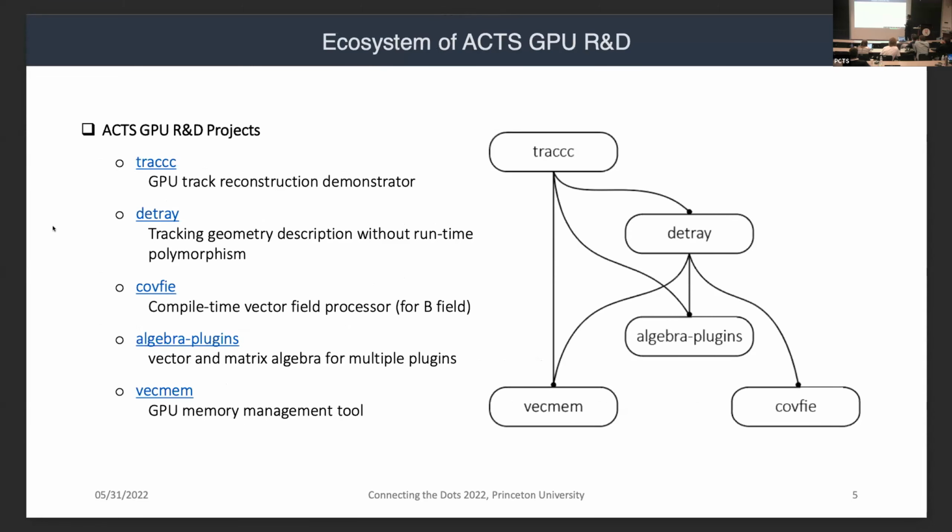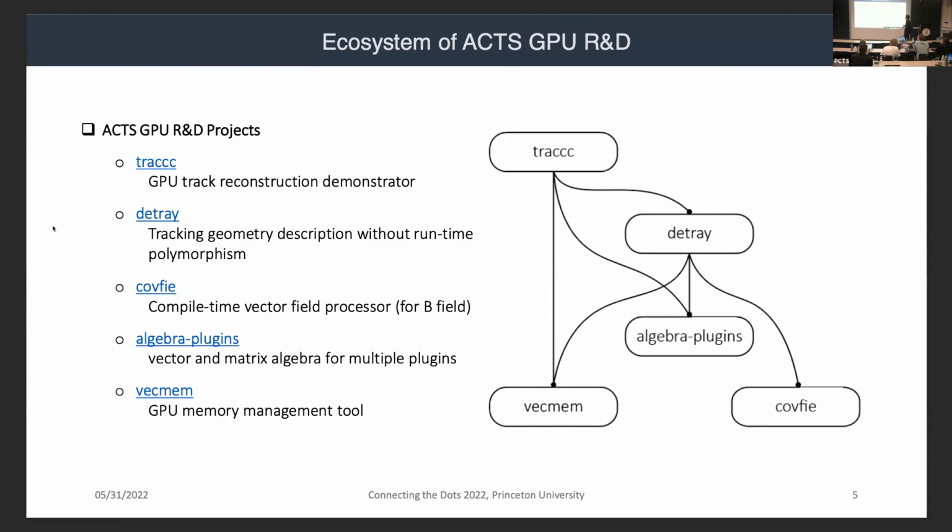This is the ecosystem of the ACTS GPU R&D. We have a bunch of similar projects for other purposes. traccc is the downstream project, which is the GPU track reconstruction demonstrator. That's the final project that we have for everything. And detray is the GPU geometry builder. It provides the tracking geometry description without runtime polymorphism or any object-oriented programming.